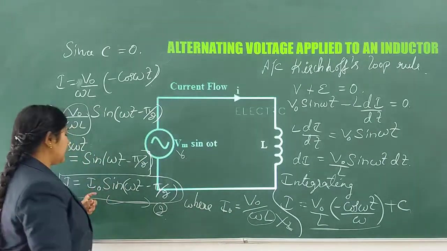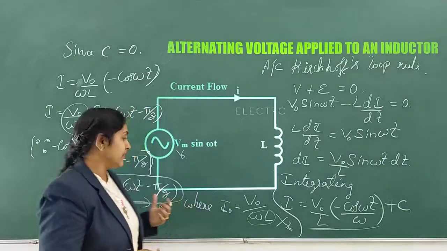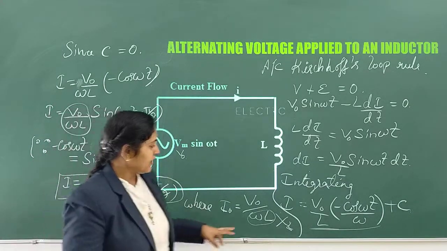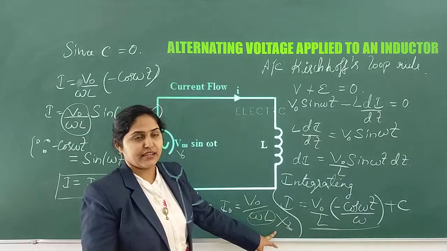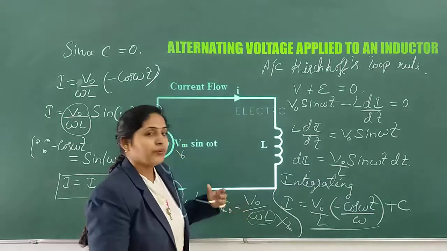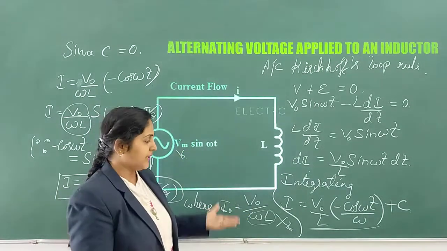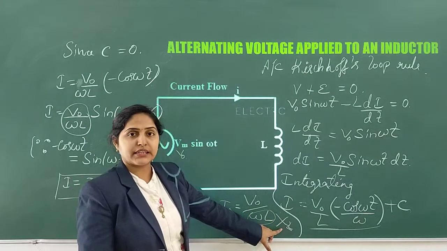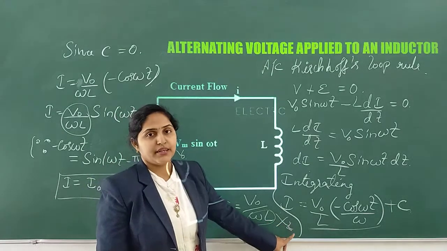Here I naught is the maximum value, the peak value, or we can say the amplitude of the current. And here omega L is replaced by XL. This XL is called inductive reactance. I'll tell you what inductive reactance is later.